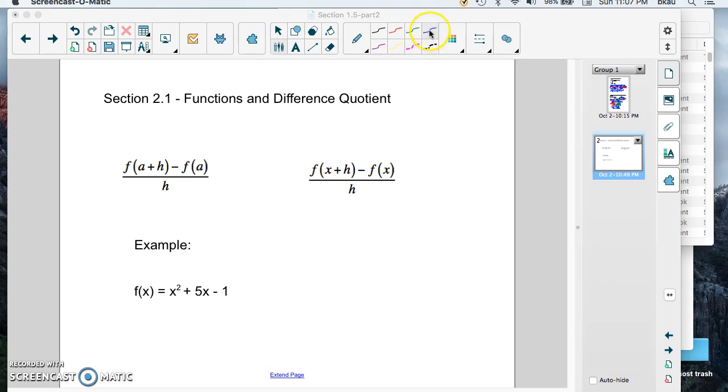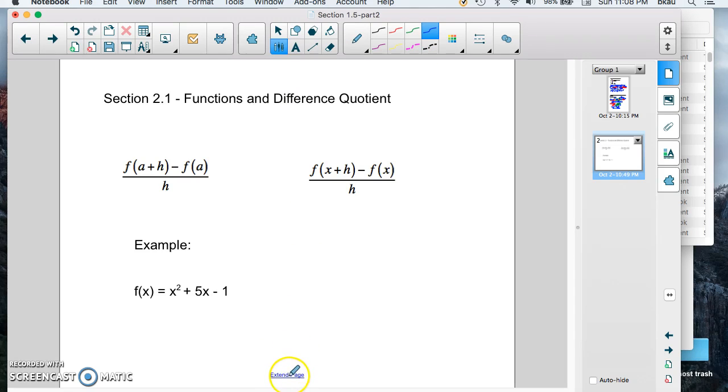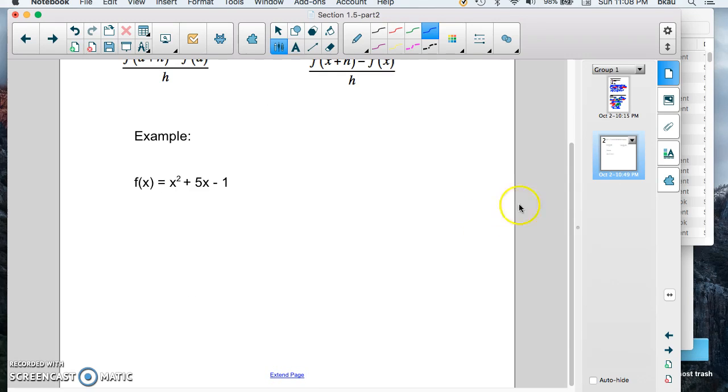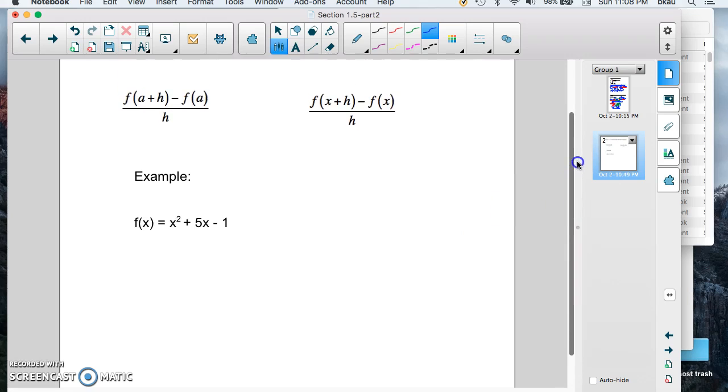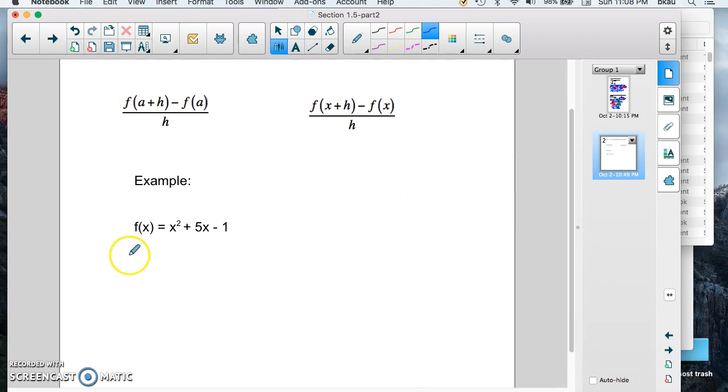So we're going to spend a little bit of time going through how to write a difference quotient. In the difference quotient we're going to have three parts. In this example I'm going to use f of 3 plus h minus f of 3 over h.